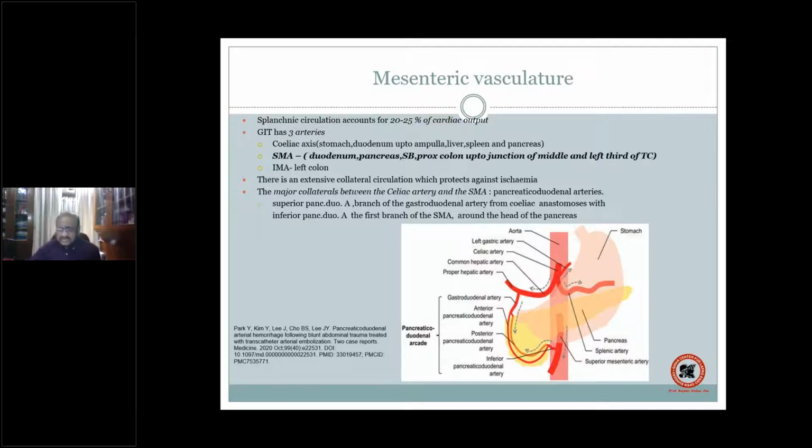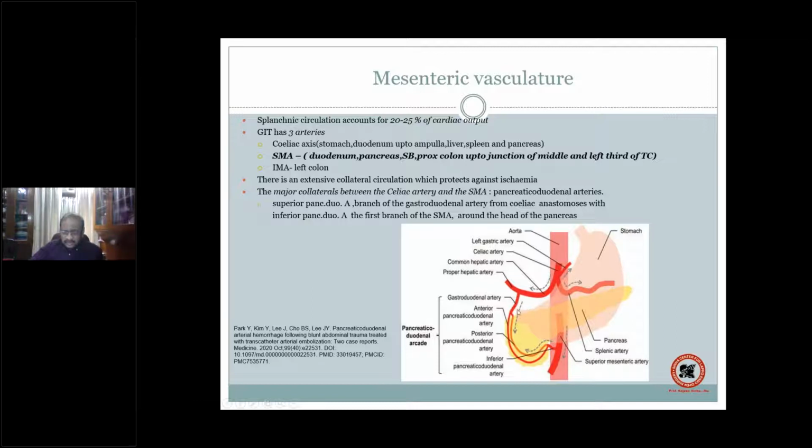Now look at this celiac axis. That is the celiac axis for you, and ultimately what do you have? You have the gastroduodenal artery coming out of it, right? From the celiac comes the common hepatic, and the common hepatic then divides into the proper hepatic and the gastroduodenal.